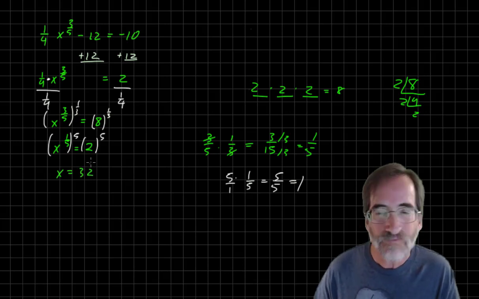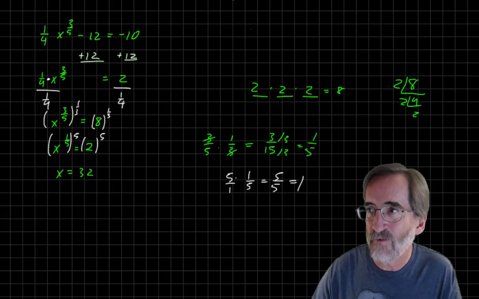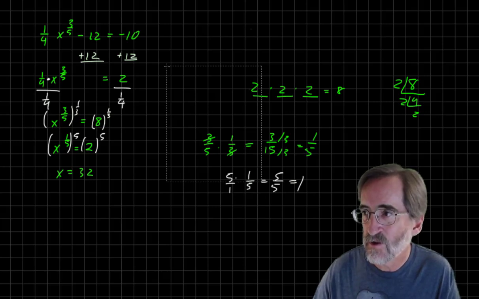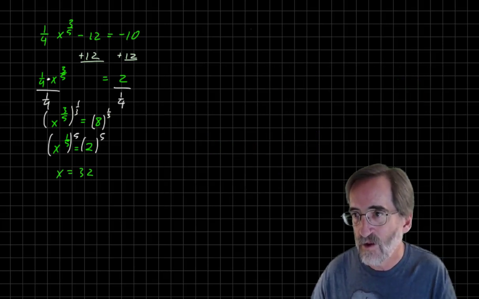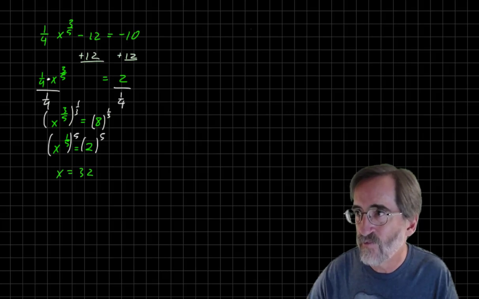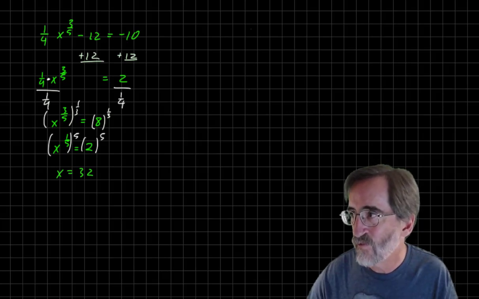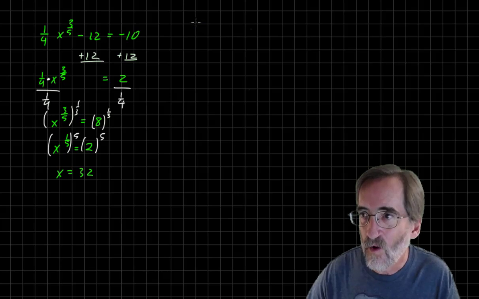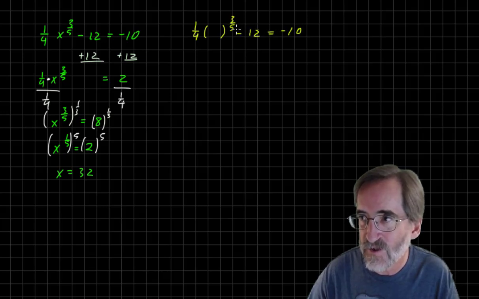All right, and once again, let's check and make sure this works. Plug it in. 1/4 of x to the 3/5 minus 12 equals negative 10, where x is 32.